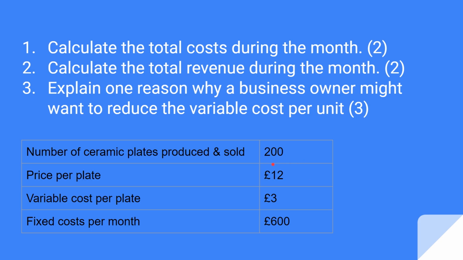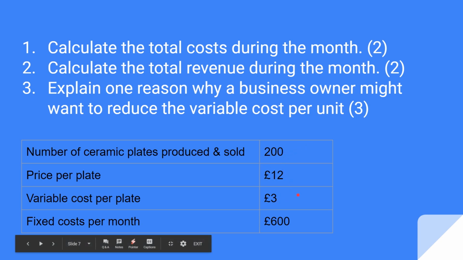So here we can see that you're going to have to do 200 times not £12 to calculate our total cost, but 200 times 3. And when you go 200 times 3, of course, you're going to get 600. So this 200 multiplied by the 3 gives you a total variable cost of 600. Add that to your fixed costs and you end up with 1,200.